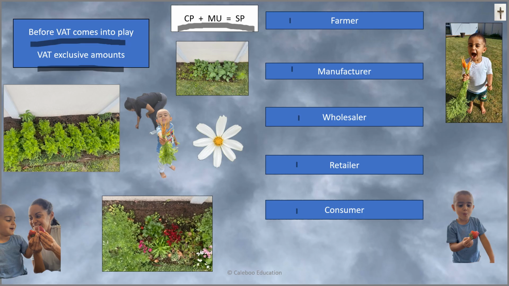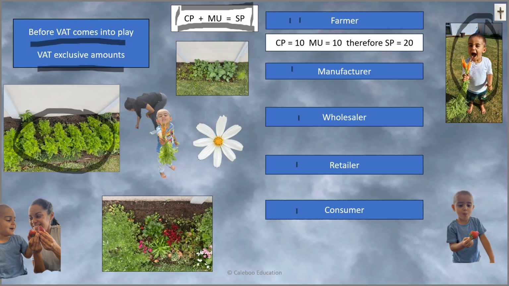Here you can see Caleb is our little farmer. At the farming level, a farmer can claim input VAT. VAT is already taking place. But with this slide, like I said, I'm going to look at the exclusive amounts. So no VAT is included here, but I'm going to show you how a markup is achieved at each level of production.